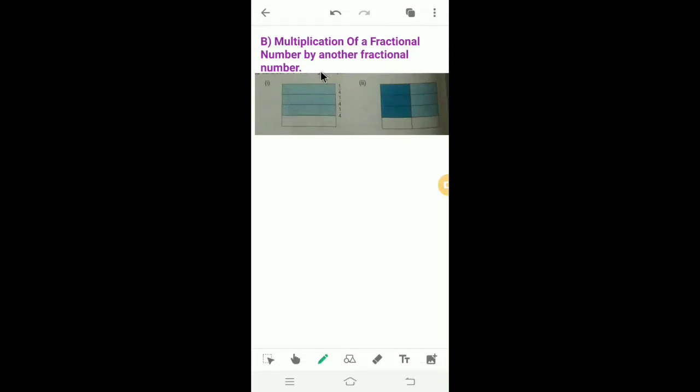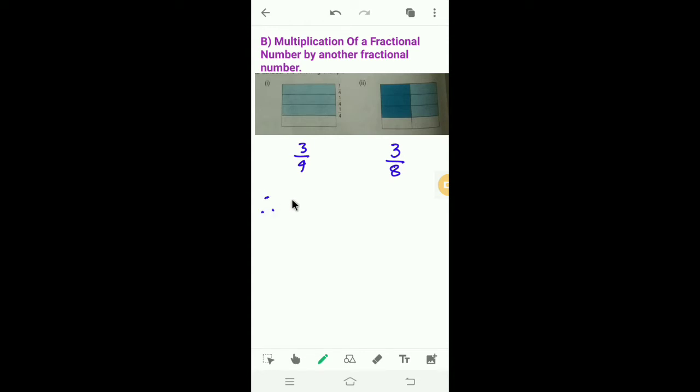Let's learn how to multiply a fractional number by another fractional number. Let us consider the following example. The shaded portion in figure 1 represents 3 by 4. If we take half of this shaded portion, it is 3 by 8, as is evident from figure 2.